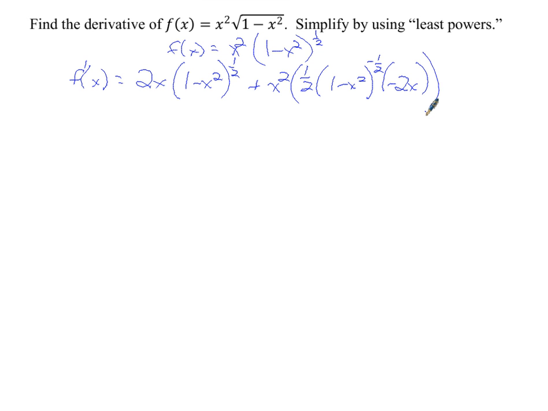Close all the parentheses. So just to recap, that is f prime, that is the original g, plus that is f, and then we had to use the chain rule here, the general power rule, for the derivative of g. The exponent came down, what's inside stayed the same, decay the exponent by 1 times the derivative of what's inside.